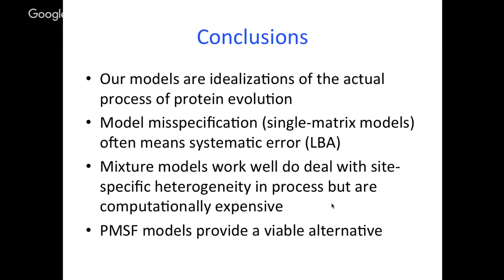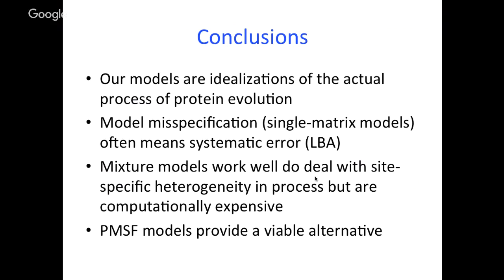So in conclusion, I guess the overall conclusion is really that our models are idealizations, these so-called spherical cow models of the actual process of protein evolution. The single matrix models are especially bad for a number of reasons.